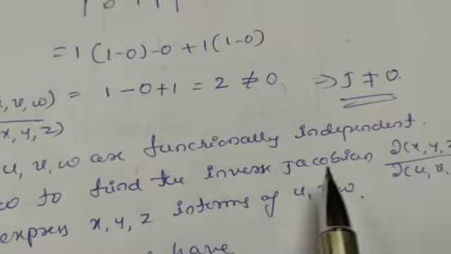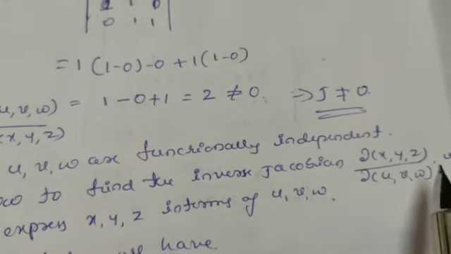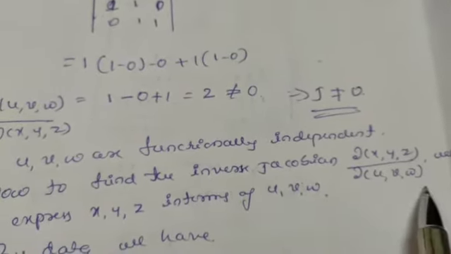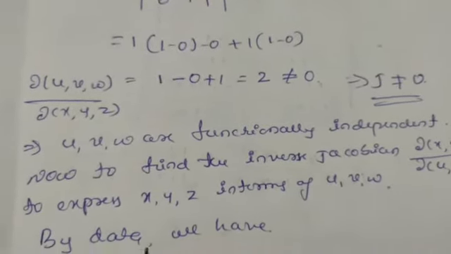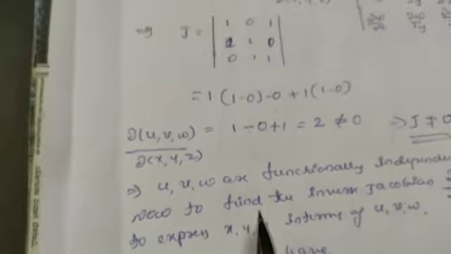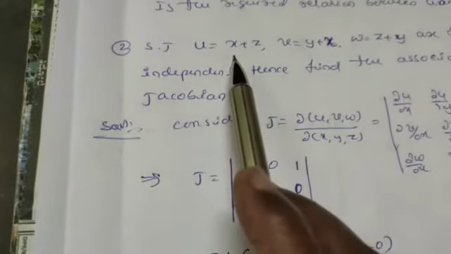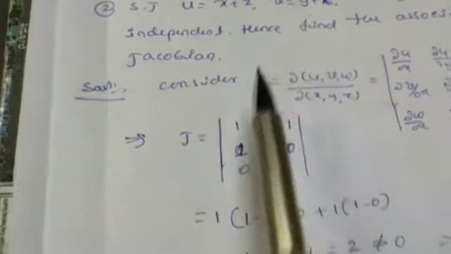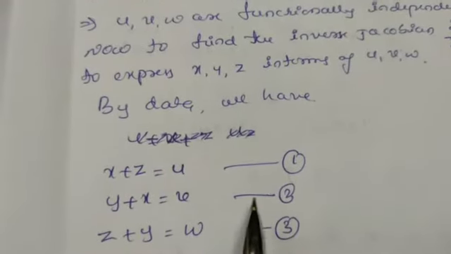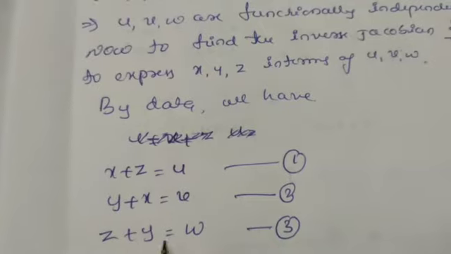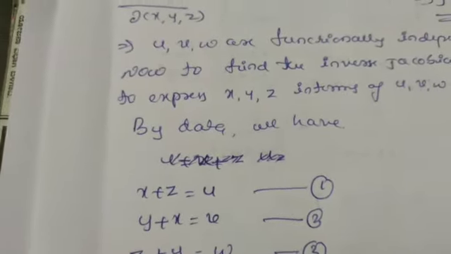That is, to find the inverse Jacobian, ∂(x,y,z)/∂(u,v,w), we have to express x, y, z in terms of u, v, w. So by the data, it is given that x plus z equals u, take this as equation 1, y plus x equals v, this is equation 2, and z plus y equals w, this is equation 3.